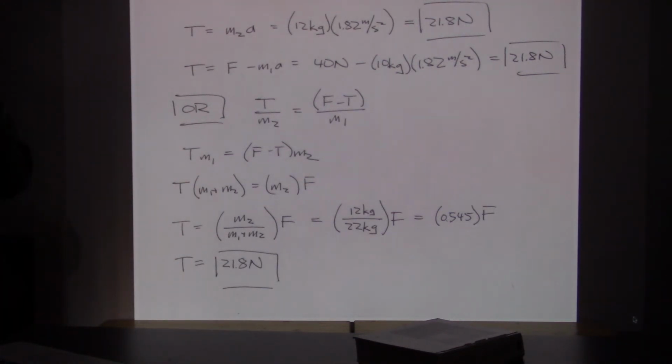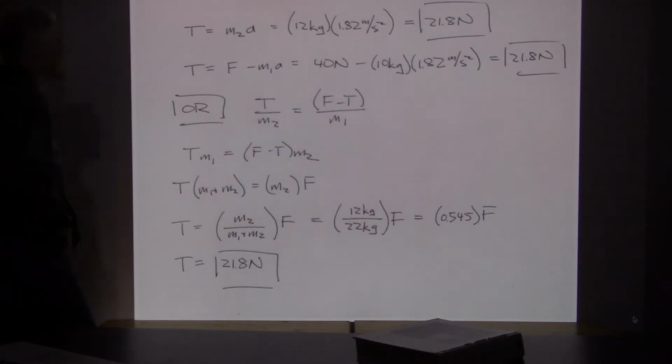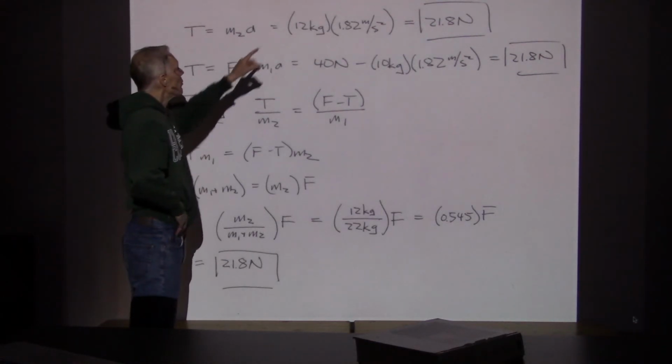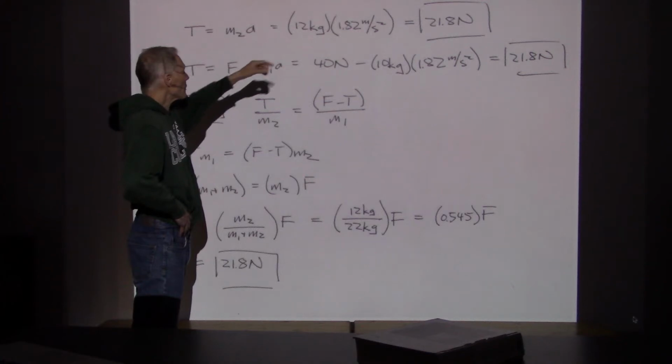The first reason is, let's imagine that when they asked me to solve for the acceleration, I got it wrong. What's going to happen in the problem? Well, if I got the acceleration wrong, then these answers up here will also be wrong.